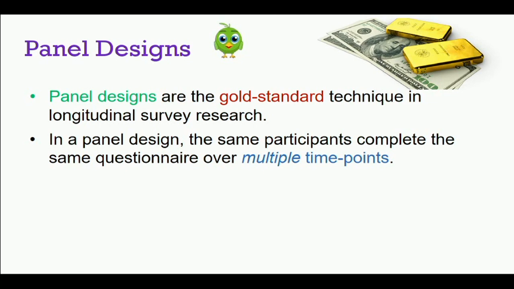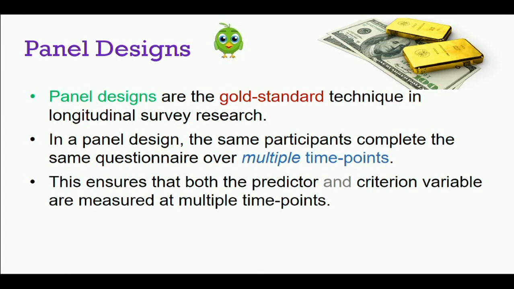And then we can track their stability or their progress, their growth, across each of these time points of the panel. This ensures that both the predictor and the criterion variable are measured at multiple time points. And if you're not sure why we would measure the predictor and the criterion across multiple times, I'll show you in a moment because there's actually a logic behind it.